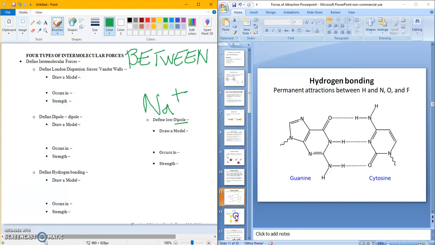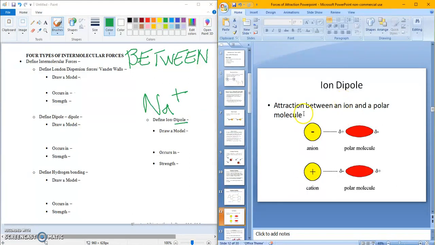So an ion-dipole interaction is an attraction between an ion and a polar molecule. Okay? So any ion and any polar molecule are going to come together, and the positive side of my polar molecule will be attracted to an anion, and the negative side of my polar molecule will be attracted to a cation.